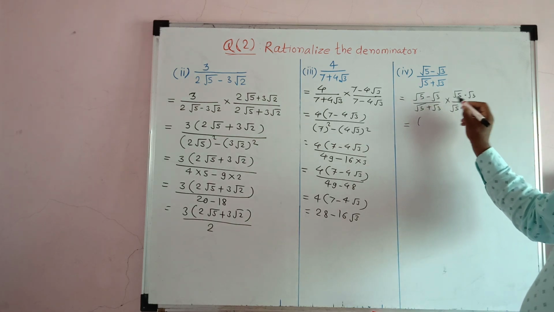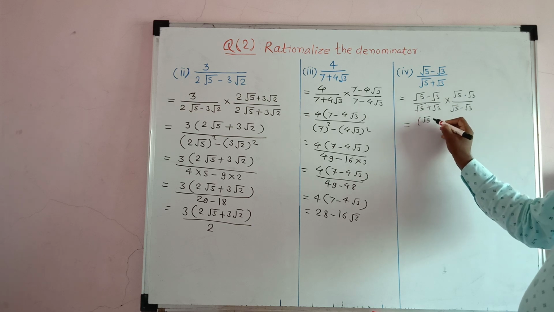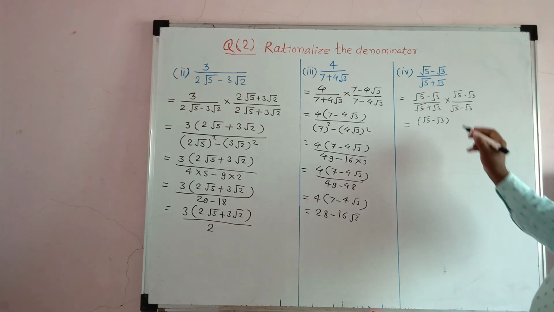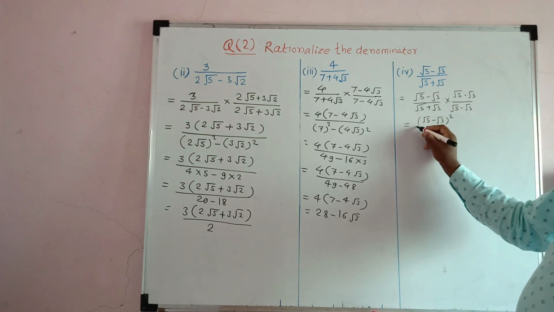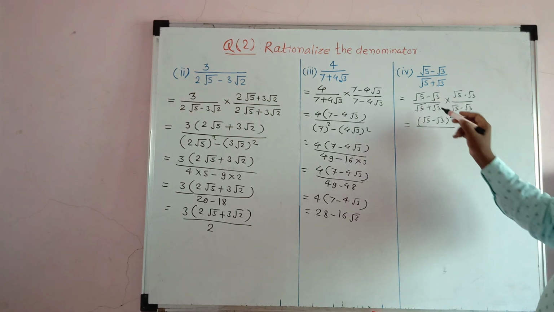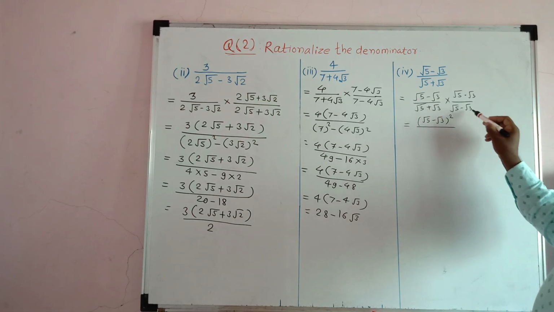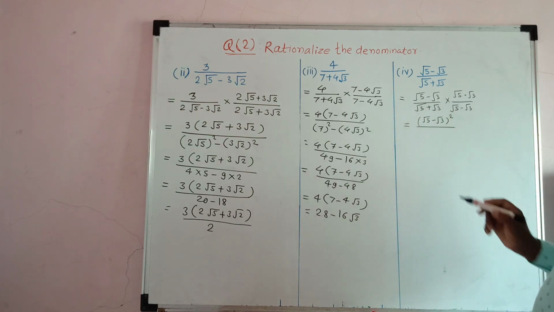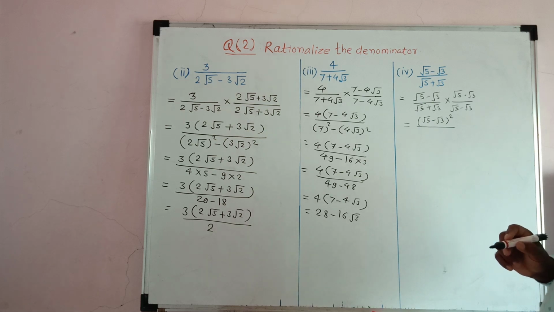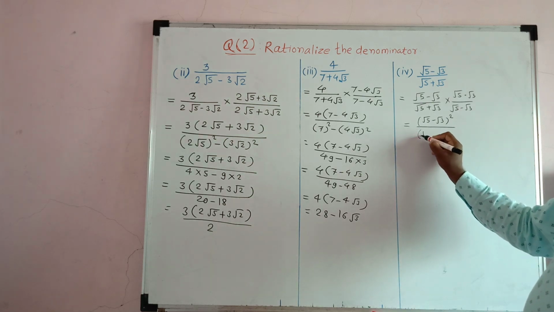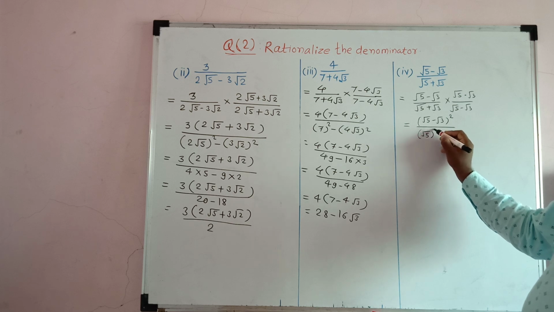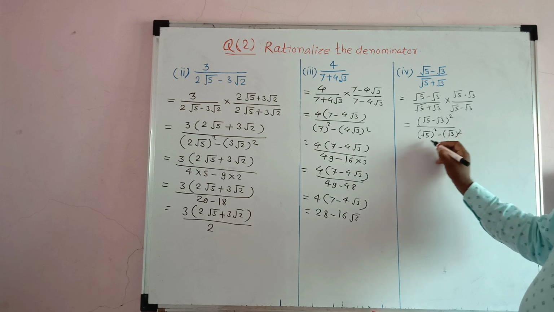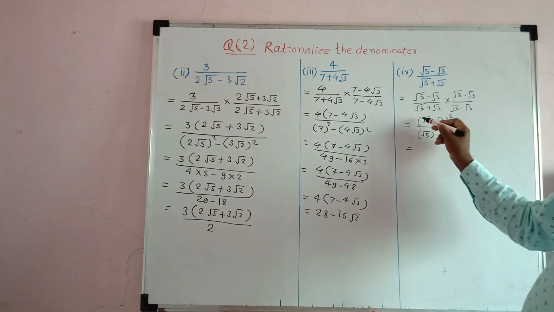this term (√5 − √3) into (√5 − √3), that is (√5 − √3) whole square. Now (√5 + √3) into (√5 − √3) is (a plus b) into (a minus b). The answer is a square minus b square, that is the first term square, √5 square, minus second term square, √3 square, is equal to, now expand this bracket.